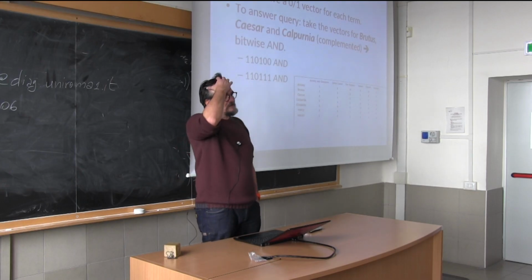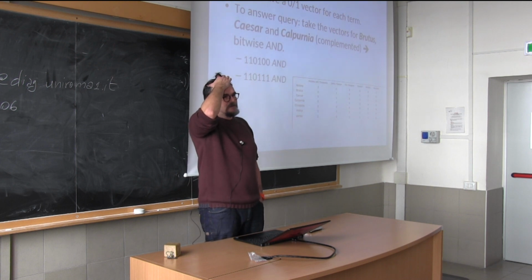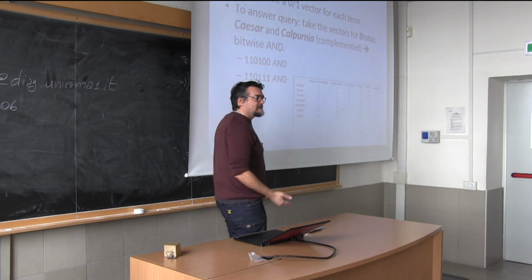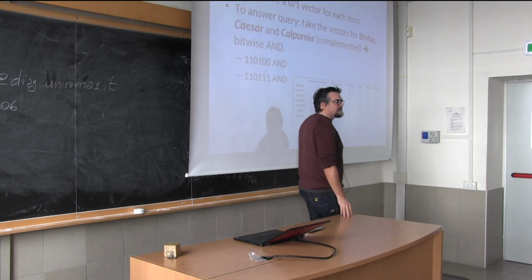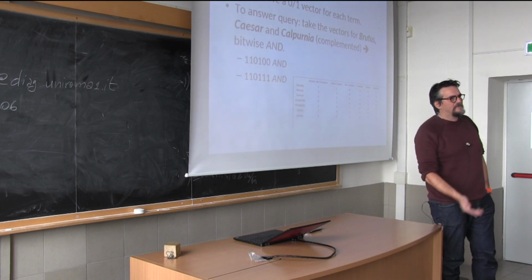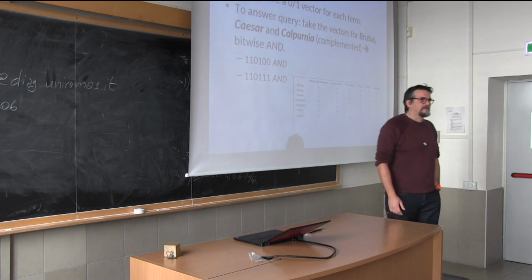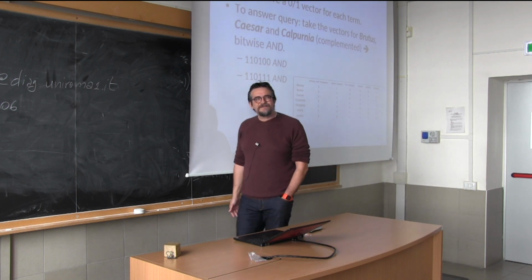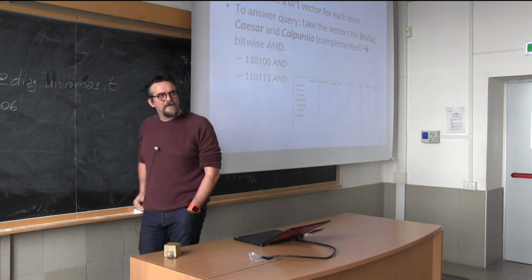What are the problems with this solution? We're talking about Boolean queries, right? Namely queries that can be formulated with AND, OR, NOT, and we will see later on that we will have also other operators on the terms. But what is the problem with this solution?